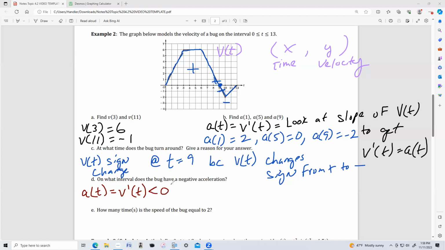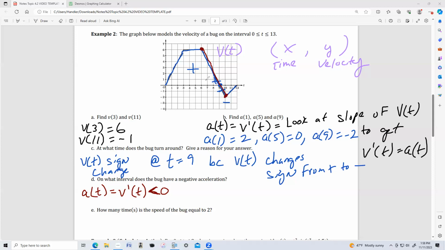To find v prime, you have to look at the slope of v. To have v prime negative, we have to look at the slope of v being negative. So what does negative slope look like? Negative slope is downhill. So this v of t graph has negative slope from here all the way to here.